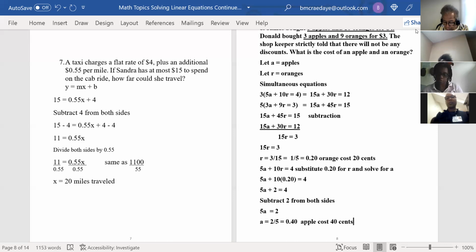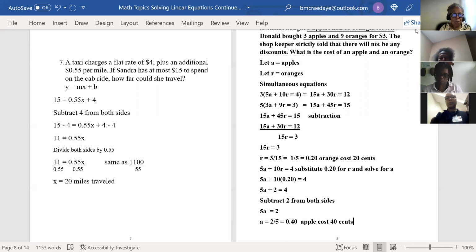Let's see, we have substitution and elimination. Sometimes substitution might be easier.